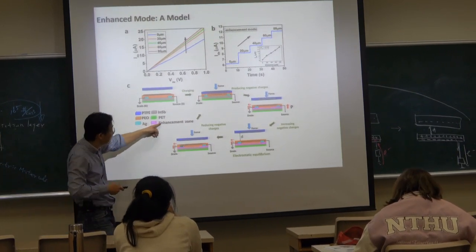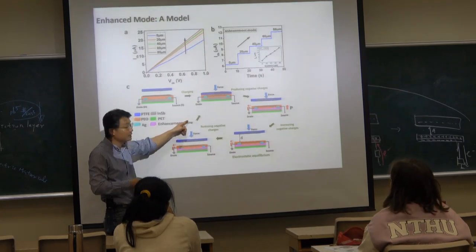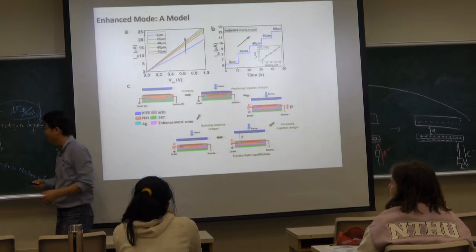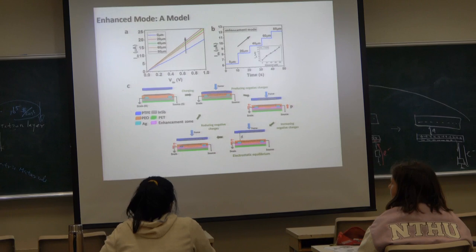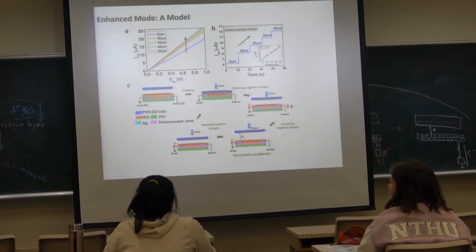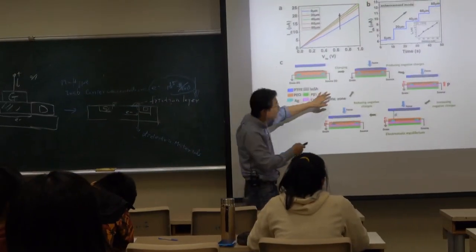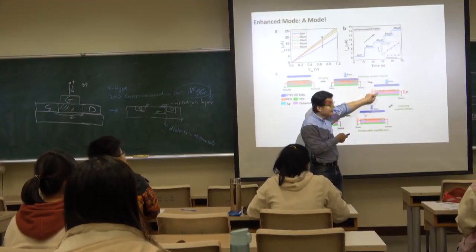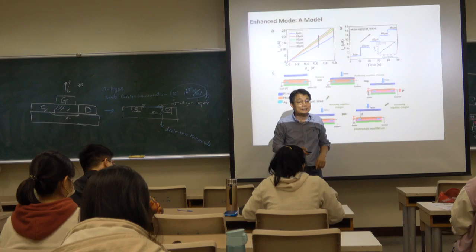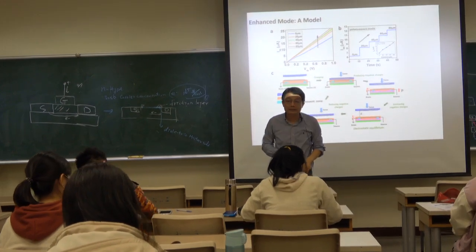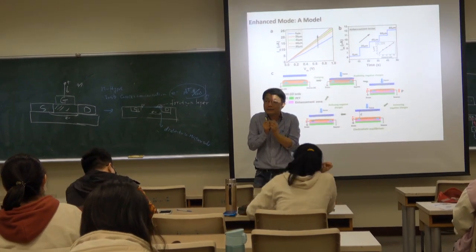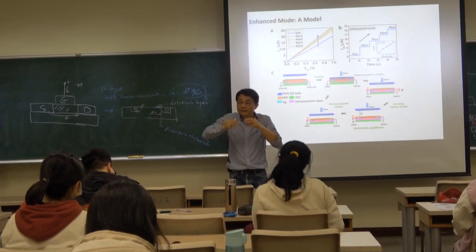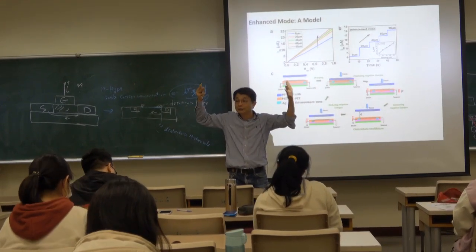So for the other mode, we use the Teflon. It's still inside; we call the pink color enhanced mode. Enhance what? Enhance carrier concentration. Because once the electrons flow in, you can see the pink color thicker. Inside this pink color is negative charge. So that means the InSb carrier concentration will increase.